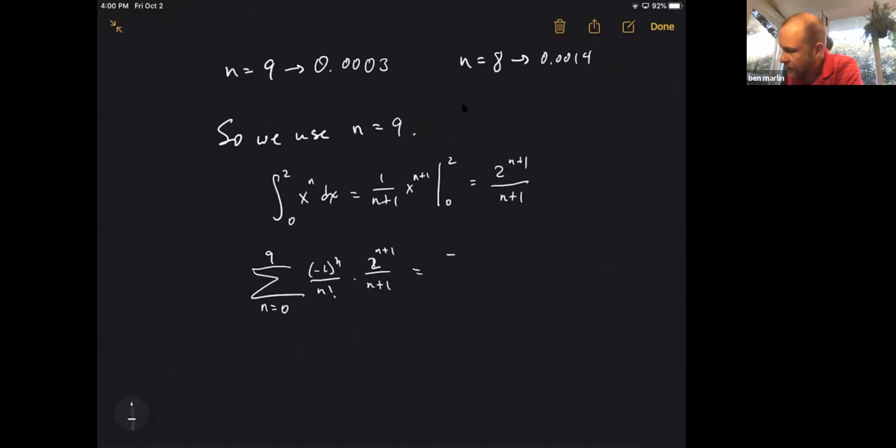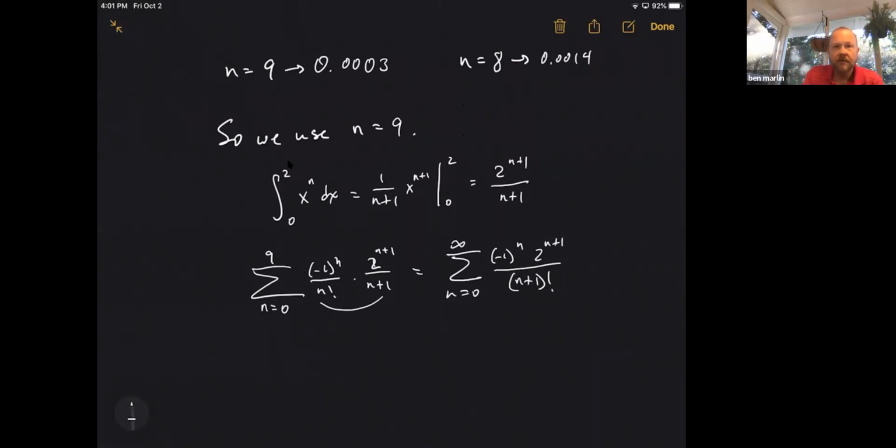So summation n equals 0 to infinity, minus 1 to the n, 2 to the n plus 1, divided by, hey, look at that, I could combine those two together and have n plus 1 quantity factorial. Coincidentally, that's almost exactly the formula that I had before, right?